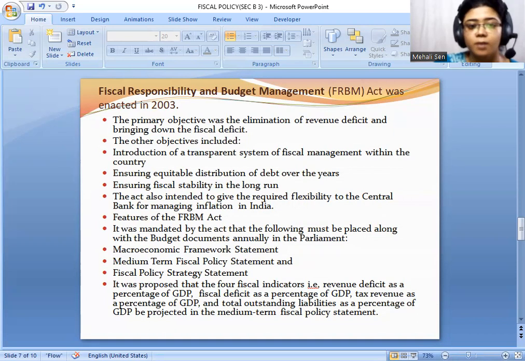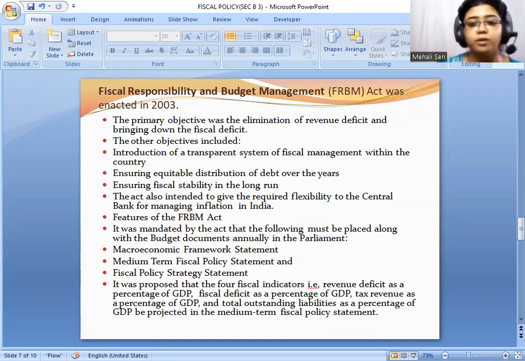Now, we need to know about government receipts. There are two receipts: one is revenue receipt, one is capital receipt. How the government earns from various ways is called government receipt. In the revenue receipt, the government earns by tax revenue and non-tax revenue.